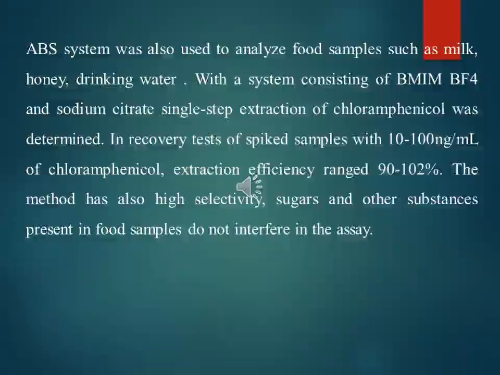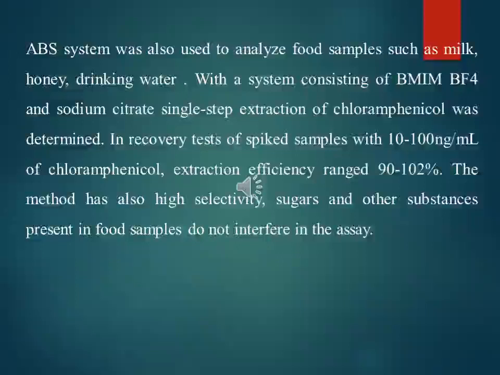The ABS system was also used to analyze food samples such as milk, honey, drinking water. With a system consisting of BMIM BF4 and sodium citrate, single-step extraction of chloramphenicol was determined.